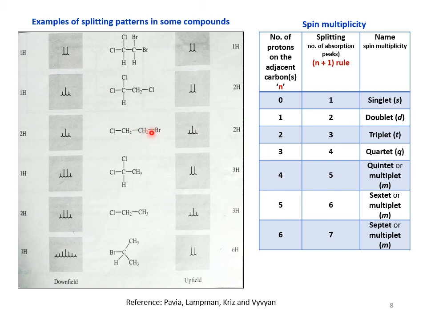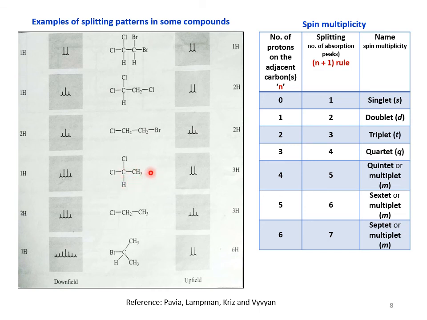And these methylene protons are shielded compared to these methylene protons because bromine is less electronegative compared to chlorine.